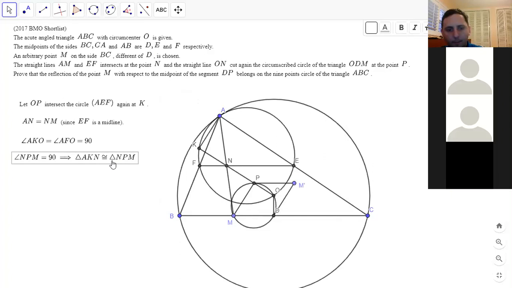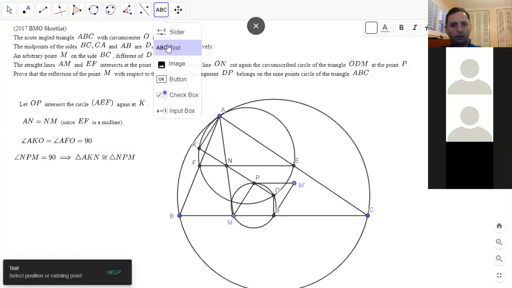So KM, let's see. Actually we just need AF is equal to MP is equal to DM prime. So that makes that a parallelogram. Hold on one second.